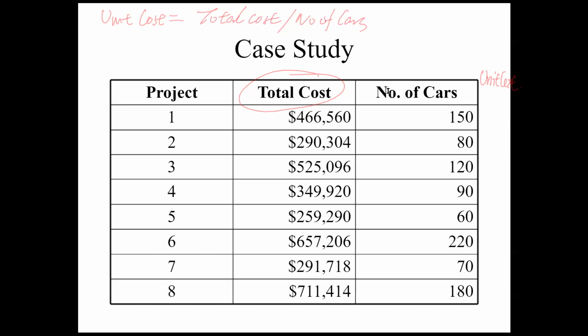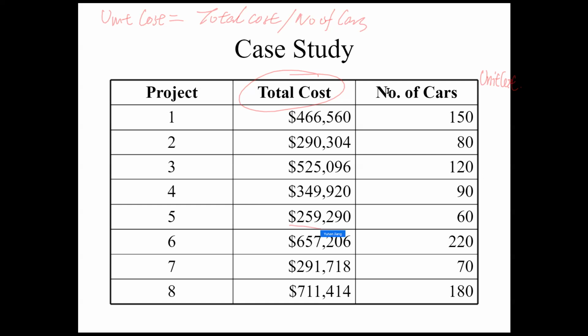So you are using 466,516 divided by 150, right? And 290,304 divided by 80. And 525,096 divided by 120. And 349,920 divided by 90.